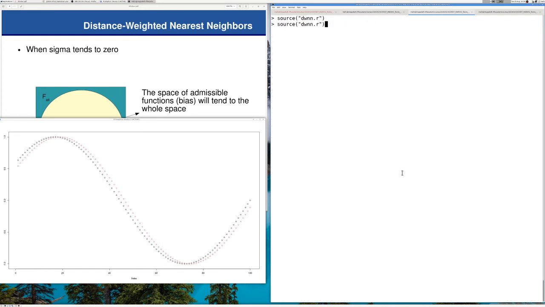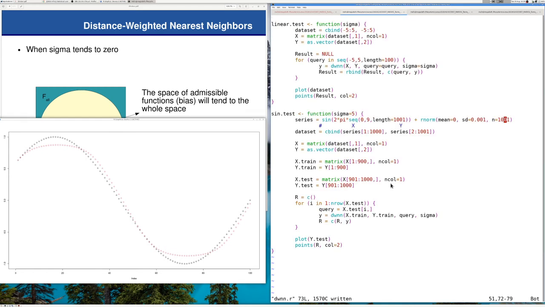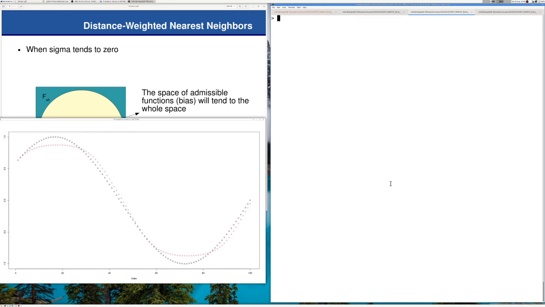Let's load and try again some sigma equals 0.5. Wow, good result. 0.25. Maybe I can increase the perturbation so you guys can see something happening here. Otherwise, the perturbation is so small that you cannot see it. So I'm going to use the standard deviation equals 0.1.